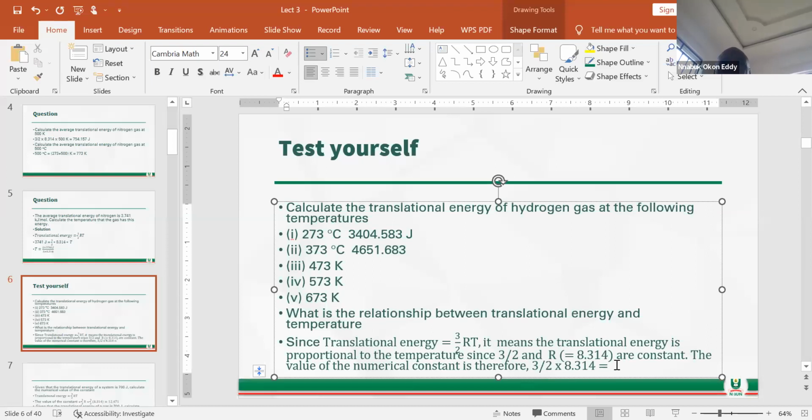That is 3 divided by 2, which is 1.5, multiplied by 8.314. So the value of the constant is 12.471. So to calculate the translational energy, just multiply the temperature by 12.471. If you do that, you have the answer.